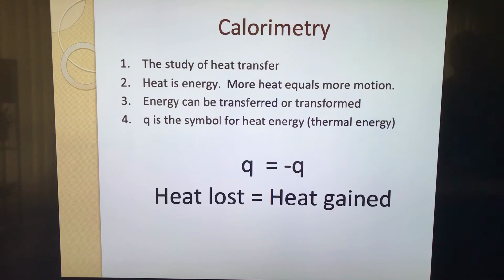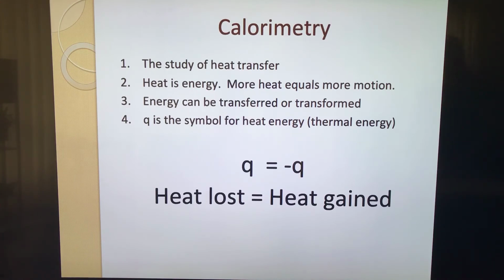We're going to use the symbol Q, lowercase q. That's the symbol for heat energy. And what that Q equals, negative Q. And you're saying, wow, my math teacher wouldn't like that. What that really says is the heat lost from one system or item or object has to be gained by another system or object.